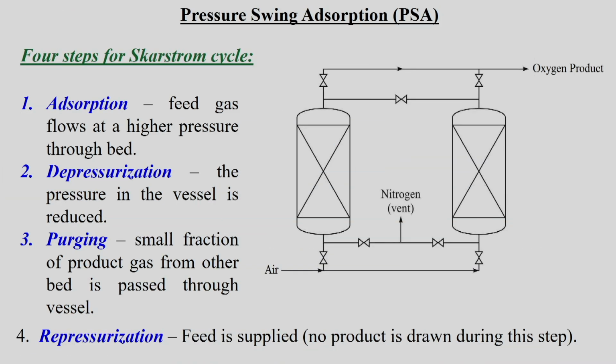And then we discussed the pressure swing adsorption process: adsorption, then depressurization, then purging, and then repressurization. The last chapter that we discussed, a small chapter, was the crystallization process.